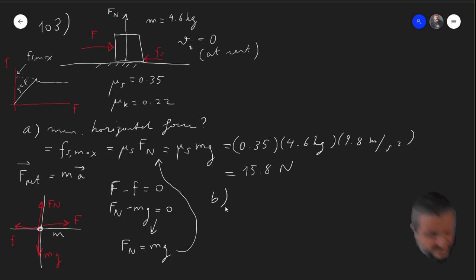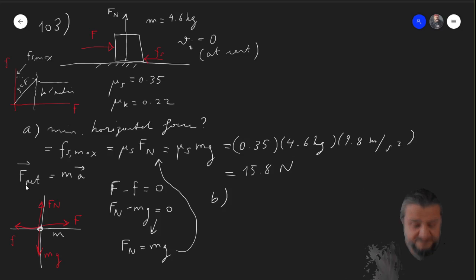Let's read part B. Once the block is sliding, means we are in the kinetic phase now. If you keep pushing on it with the same minimum starting force as in part A, which is 15.8, does the block move with constant velocity or does it accelerate?